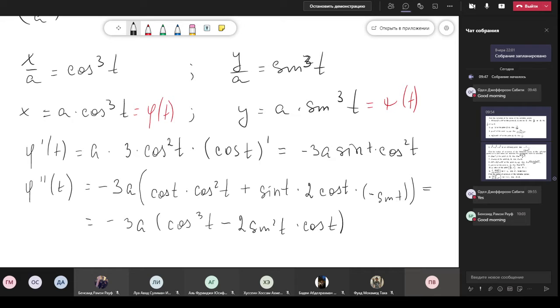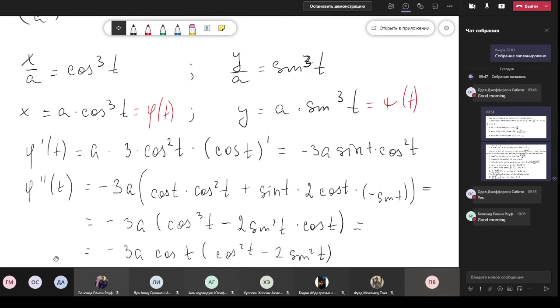Good, it is phi 2 prime. We can rewrite it: it is minus 3a cosine of t times cosine squared minus 2 sine squared. This way.